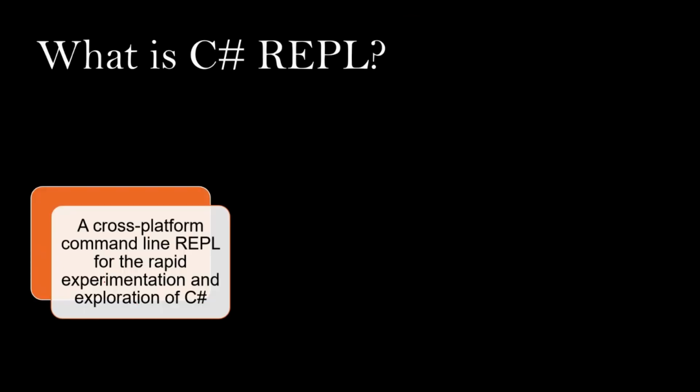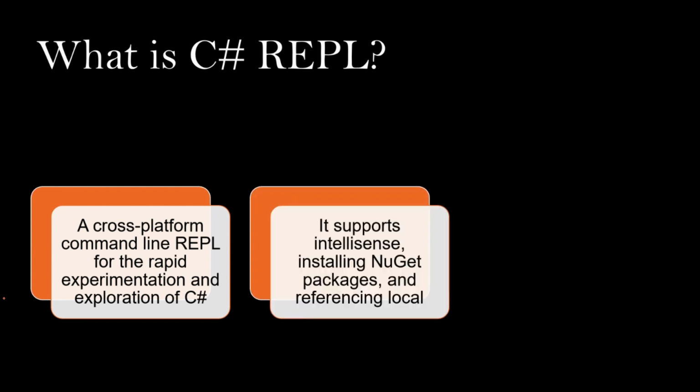C# REPL is a cross-platform command line tool. You can install it, and through that you can go into the REPL mode and write C# code. This is just for experimentation and exploration of the C# class libraries and assemblies that we have. Most importantly, the REPL supports IntelliSense, and you can also install NuGet packages.